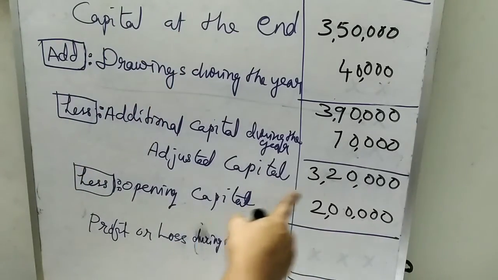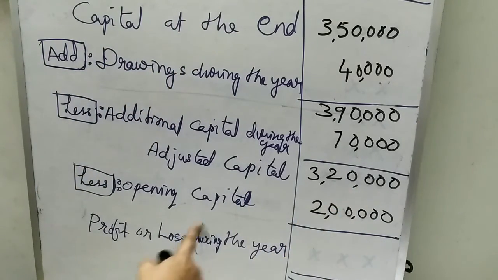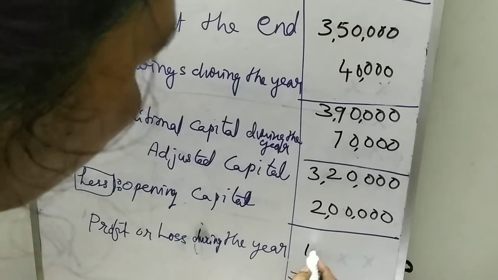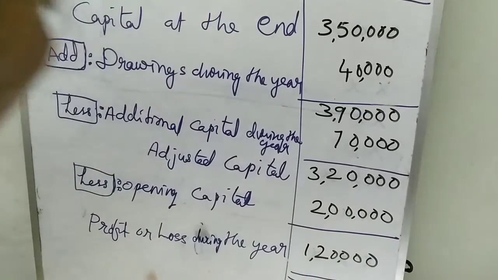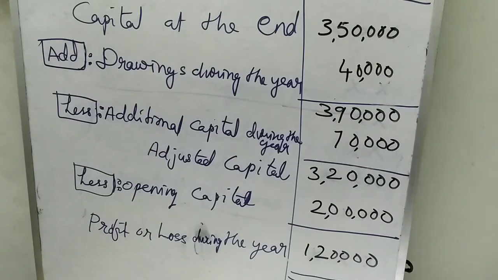Adjusted capital is 3,20,000, then opening capital is 2 lakh. If you subtract these two, you will get 1,20,000. This is the profit or loss during the year. This is plus. If it is coming as minus, that is loss. Here there is profit. So this is the method to find out the statement of profit or loss.